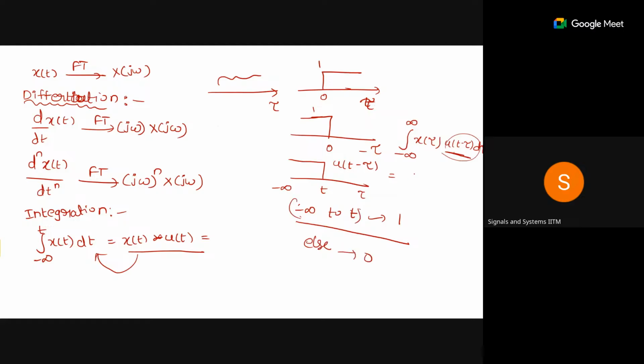So we consider the integral from minus infinity to t of x of tau times 1 d tau. The variable inside the integration doesn't matter; I have replaced t with tau, and we could replace it with omega or some p like that. So this is how we got this.